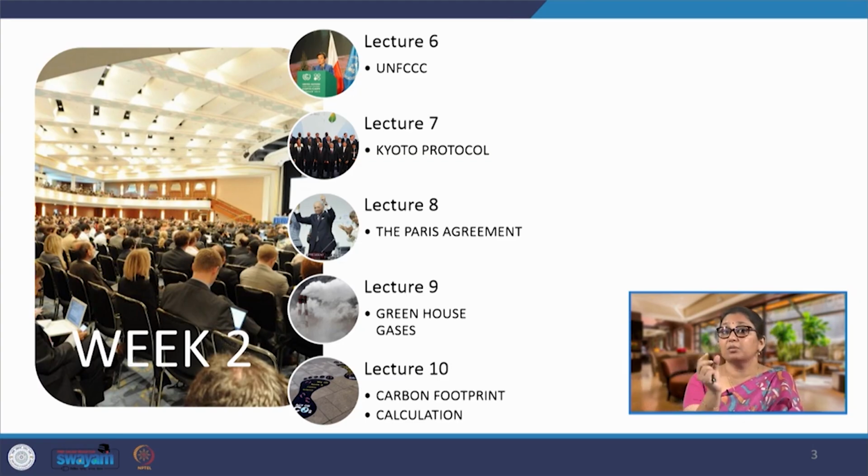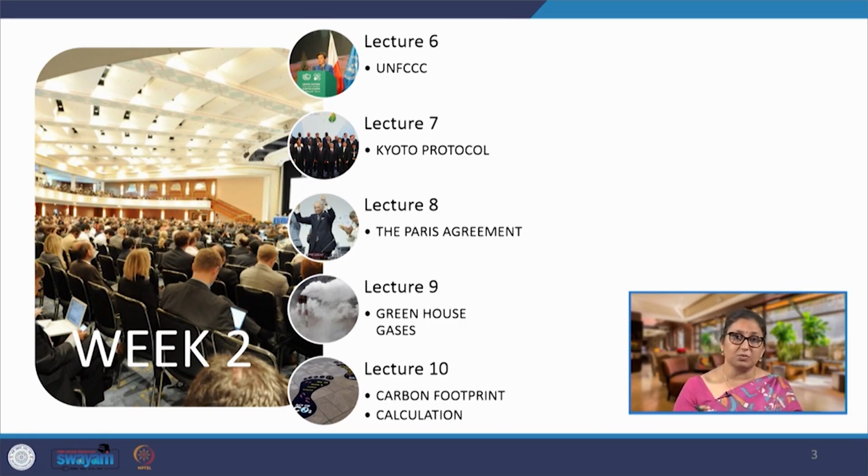How do we come to one single number? How can we simplify to get one single number, and that we called carbon footprint, and how can we calculate it? We saw that it is an exhaustive exercise, a lot of activities, lot of small, big, multiple processes are going to take place whenever we are talking about any one single activity, and so it is never going to be absolute.